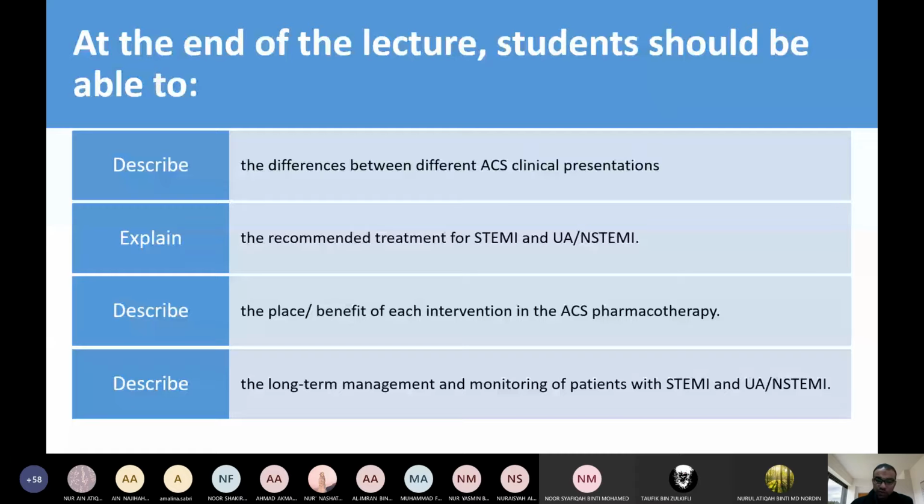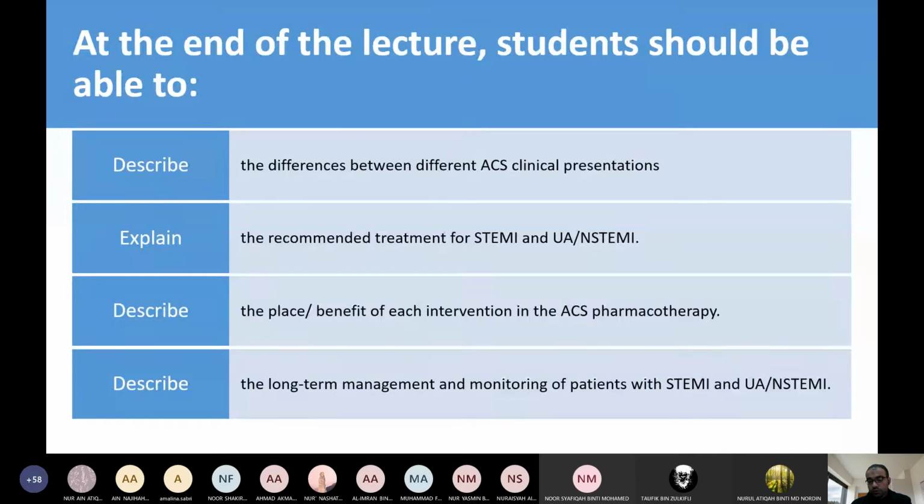Also, we want to understand in some detail the place and benefit of each pharmacotherapeutic category and its agents: which one is better, which one to introduce, which one to use here and there. The place and benefit of each intervention would also be of interest.